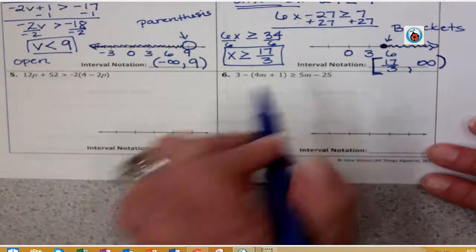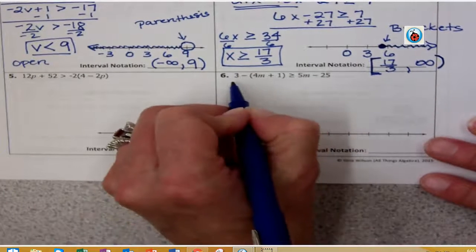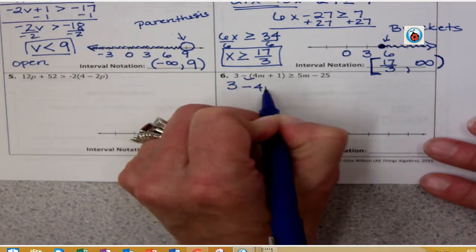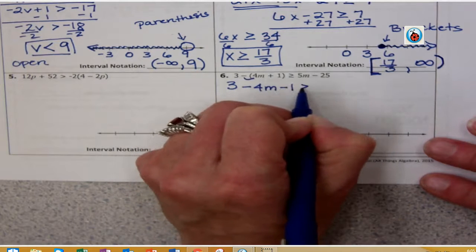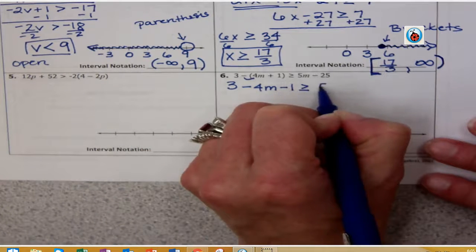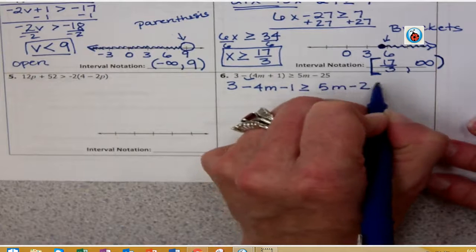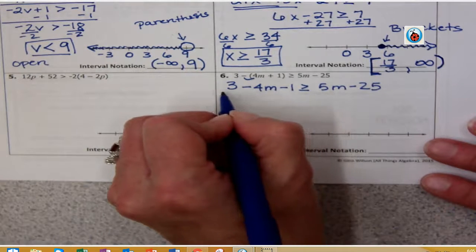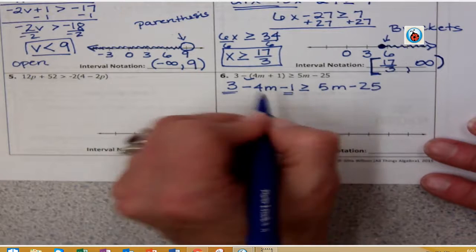Let's do this one where there's variables on both sides. 3, I'm going to distribute that negative, minus 4m minus 1 greater than or equal to 5m minus 25. So we're going to combine our like terms. We got this and this.